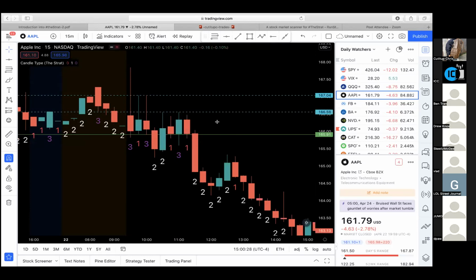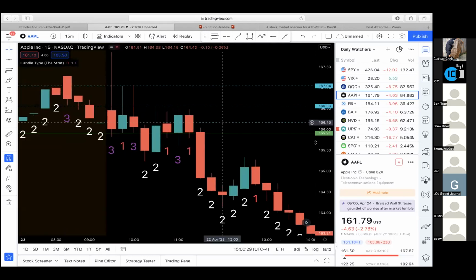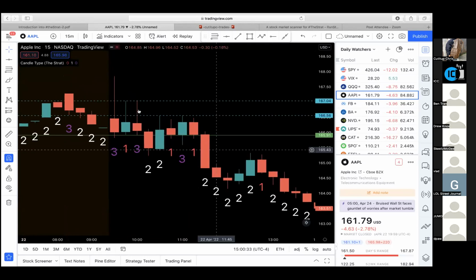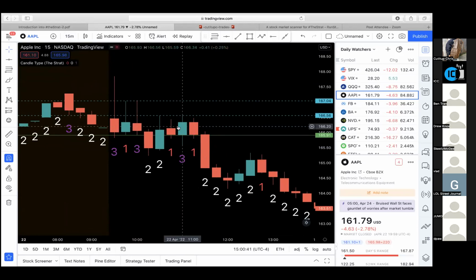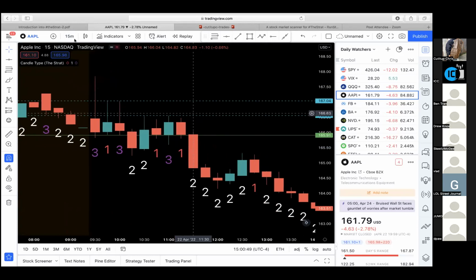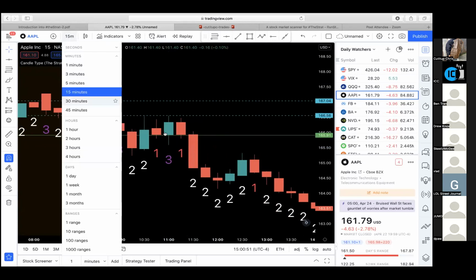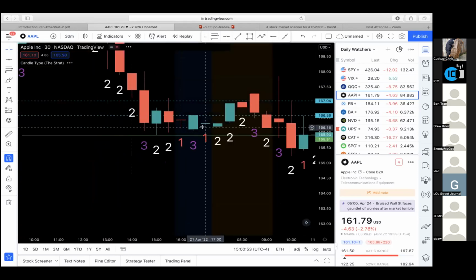So we wouldn't have taken that trade yet either, right? We would have waited till this 15-minute was triggered by the 5-minute, which it never did. But you wait for the 5-minute to trigger the 15, and then watch. If we go to the 30, it's like a domino effect.